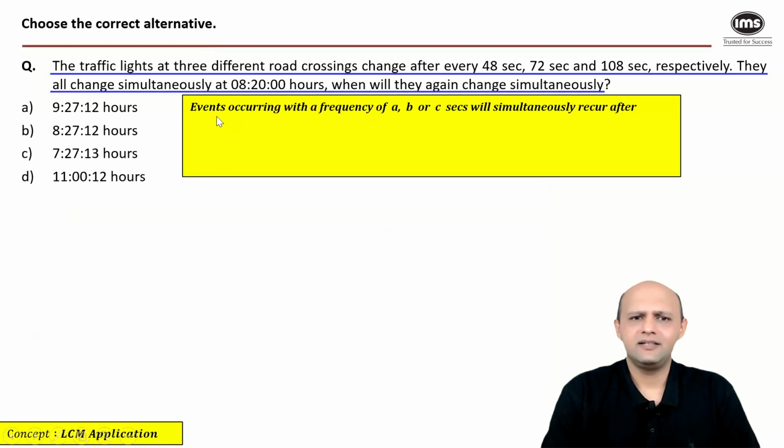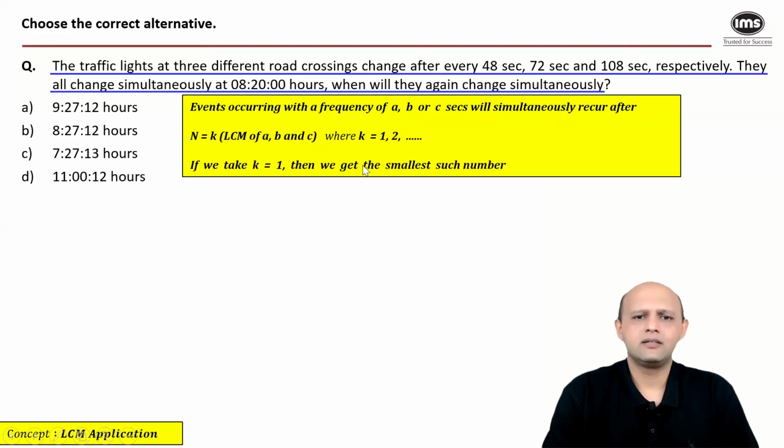Let's state this. Events occurring after a frequency of A, B and C seconds will simultaneously recur after k times LCM of A, B, C, where k is any natural number. So if you get the smallest such number, you substitute k as 1, which means we have to calculate the LCM of 48, 72 and 108.